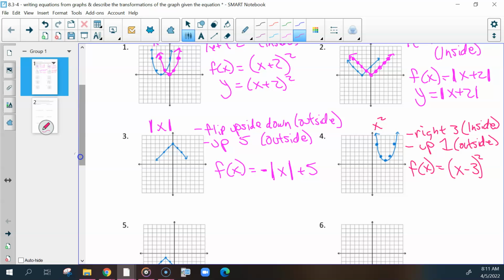And then up 1, plus 1 outside of that. That is a 1 at the end. So the better you get with these transformations, the easier it is to see what's happening, what's changing, being able to describe those transformations and then write them.